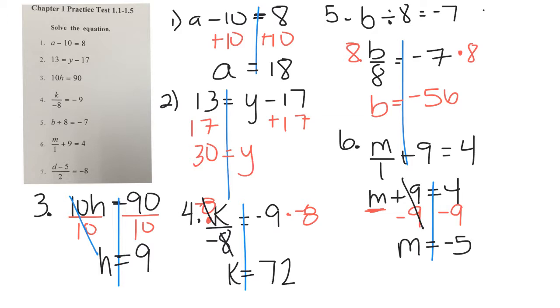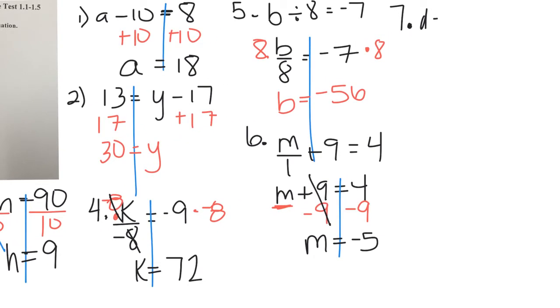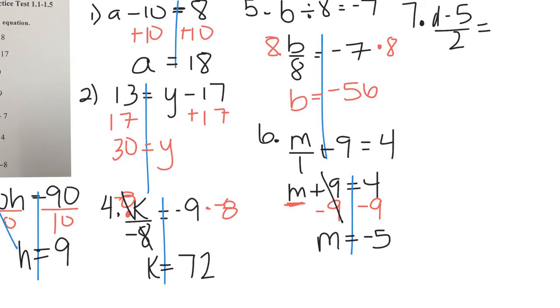And then number 7 is d minus 5 over 2 equals negative 8. Let's see, I need more space here. In this problem, we want to see that this is really a big parentheses on top.